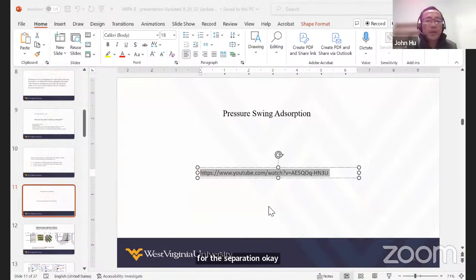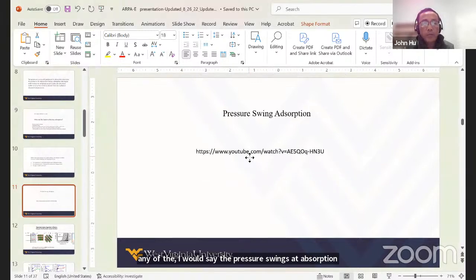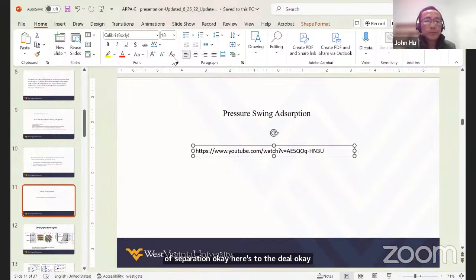So basically, for any pressure swing adsorption or separation, okay, here's the deal. I'm going to give a very good example.